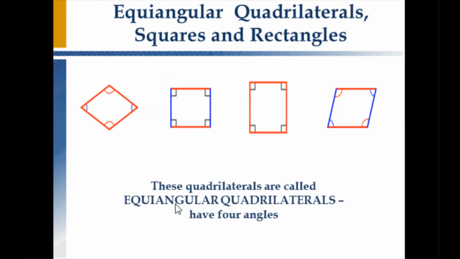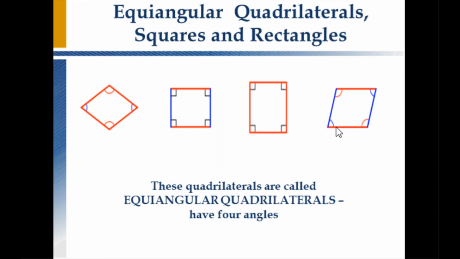These four figures are called equiangular quadrilaterals because they have four angles. Like this one. 1, 2, 3, and 4. 1, 2, 3, 4. All of these figures have four angles.